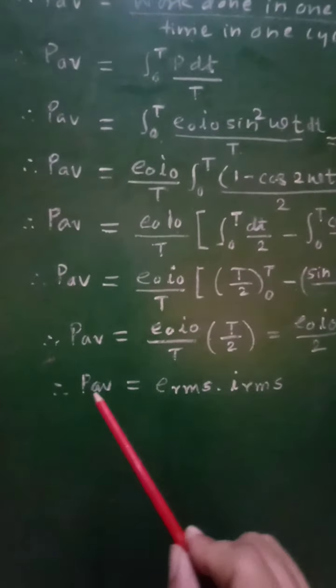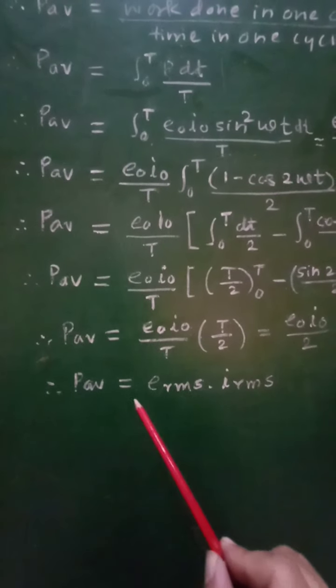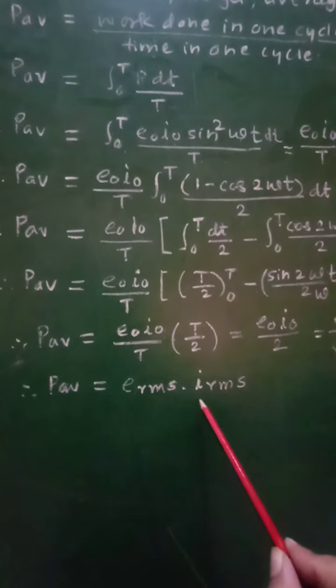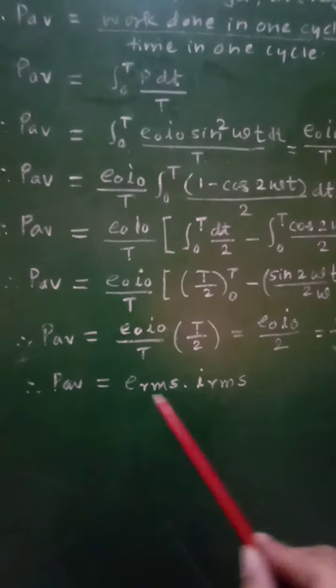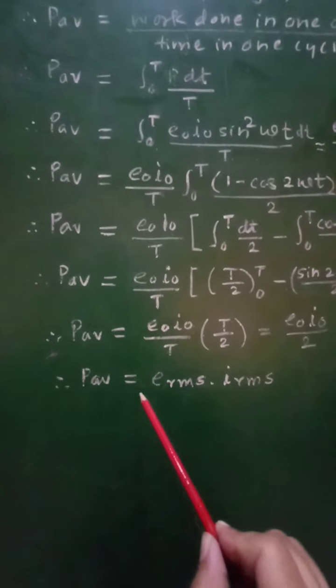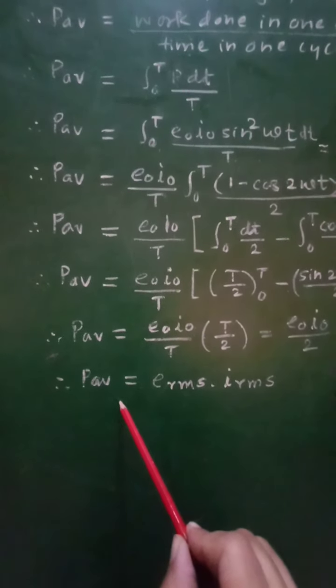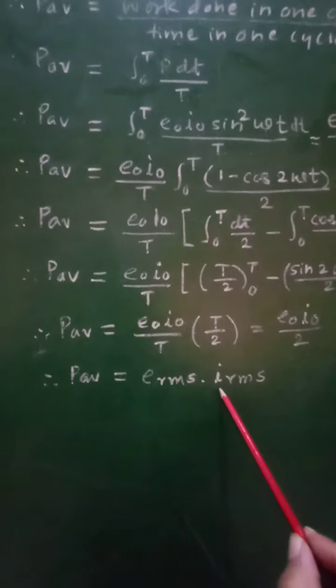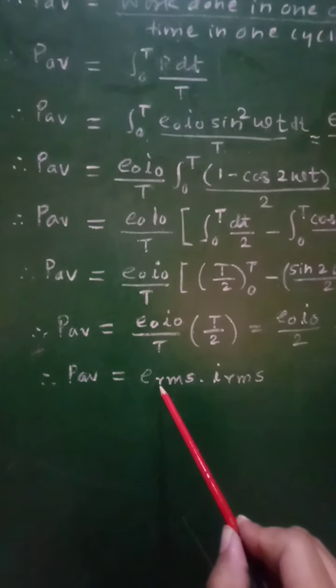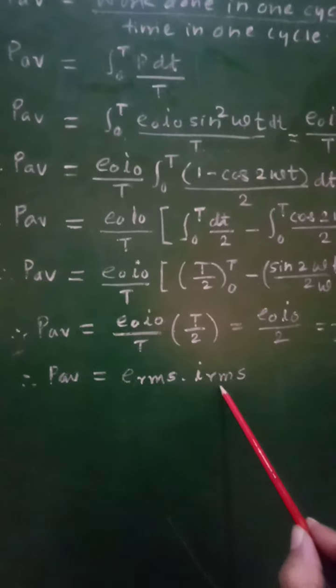Therefore we can write average power P average is equal to E RMS into I RMS. That is, in case of a purely resistive circuit, the average power is the product of the RMS value of voltage and the RMS value of current.